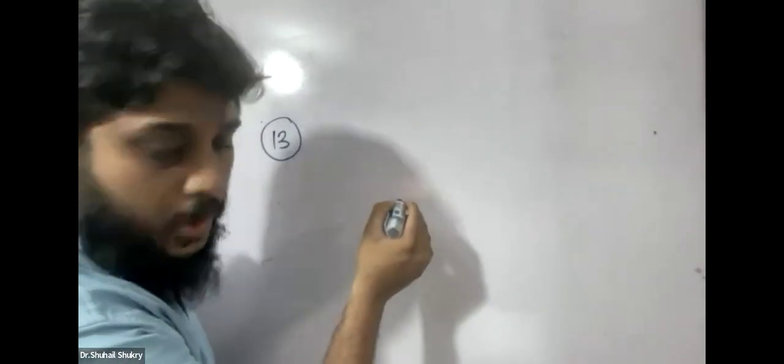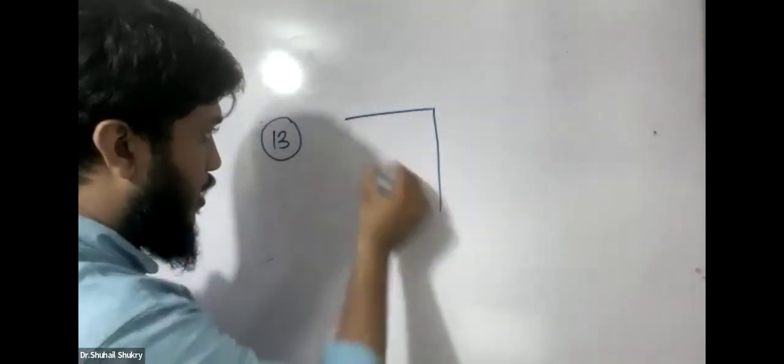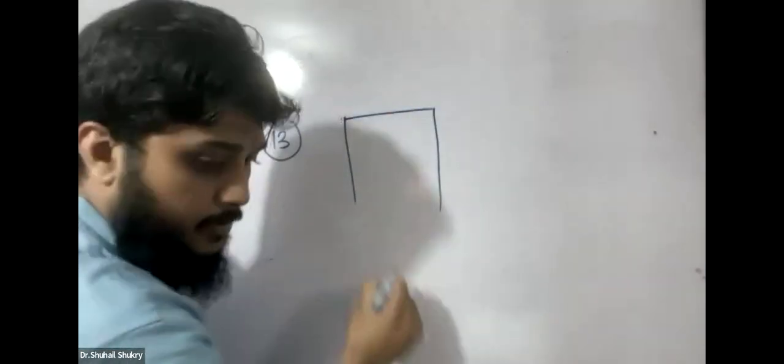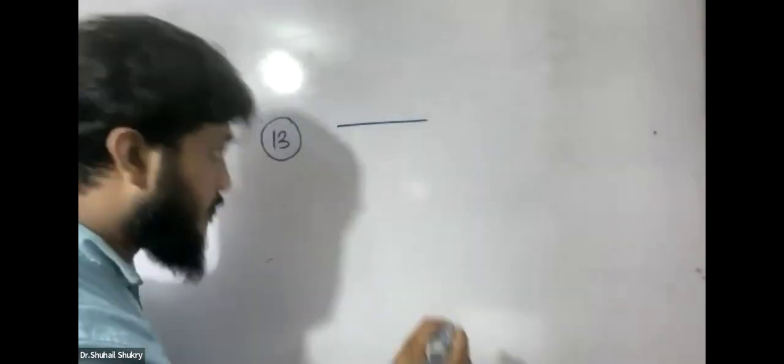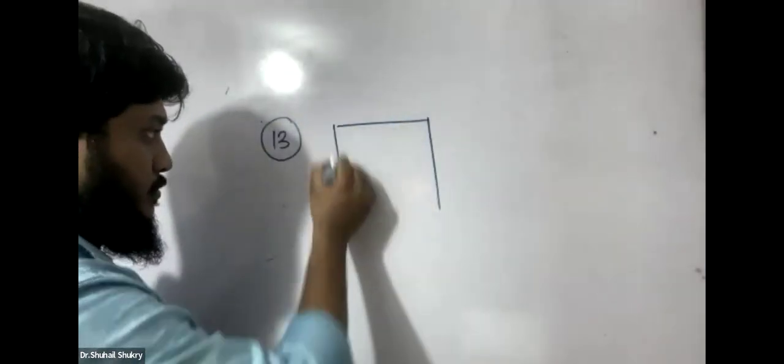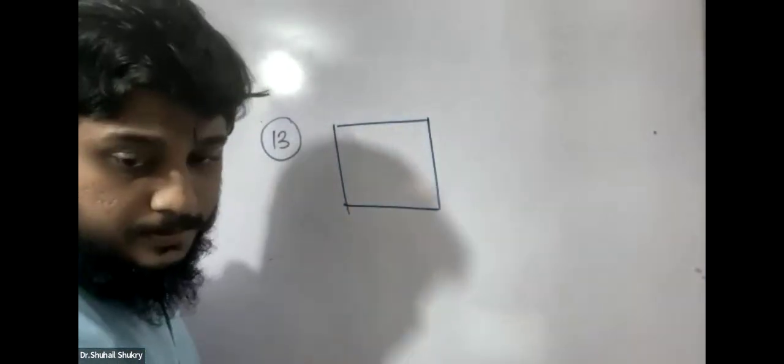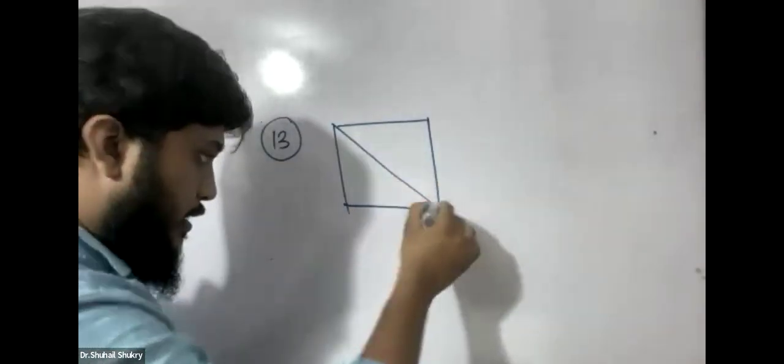This is a square. ABCD is a square. In this square, you think this is the side, and here it is like this.